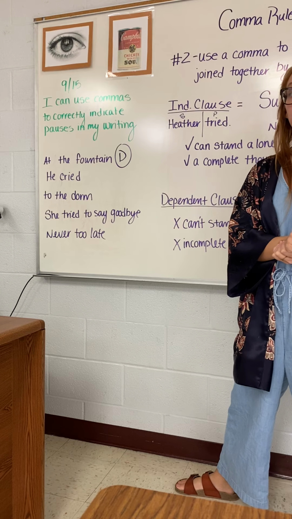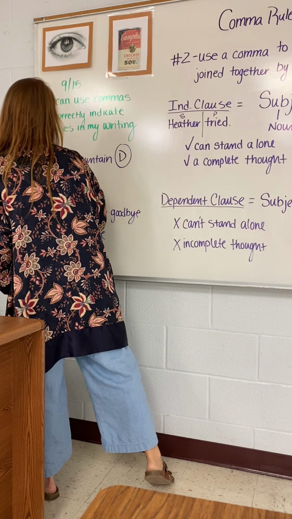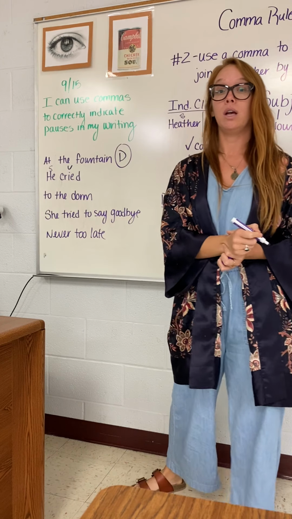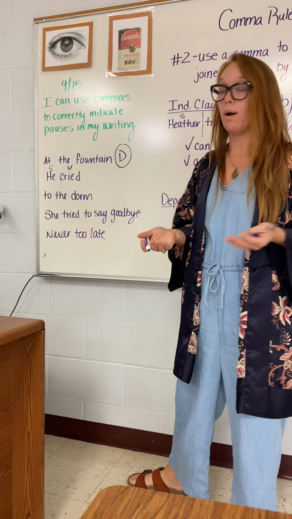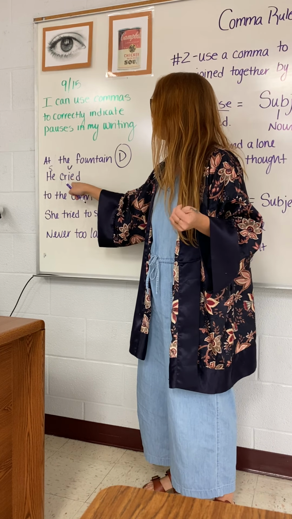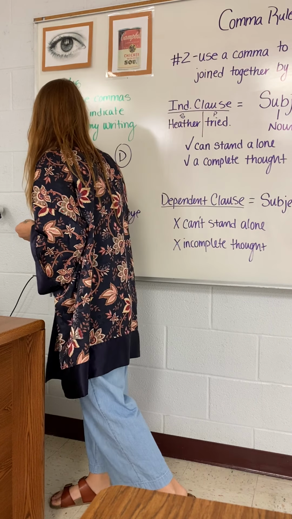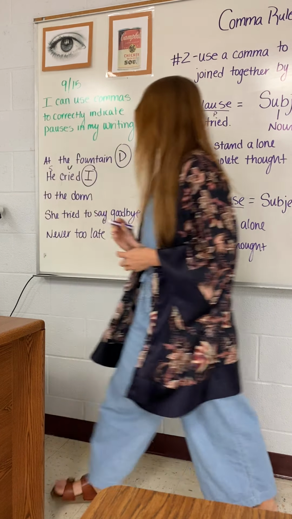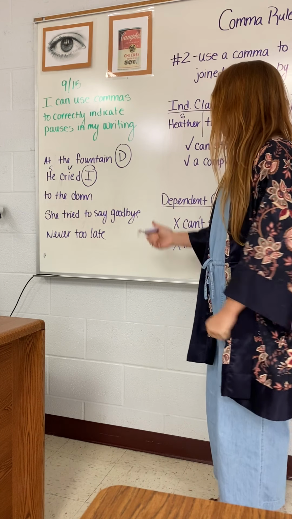He cried. We know the subject of our sentence is he, and we know what he did. He cried. Now, we don't know any other additional information, like why he cried or what made him cry, but we know the subject and the predicate. We know who is our subject and what they did. So this is an example of an independent clause, okay?